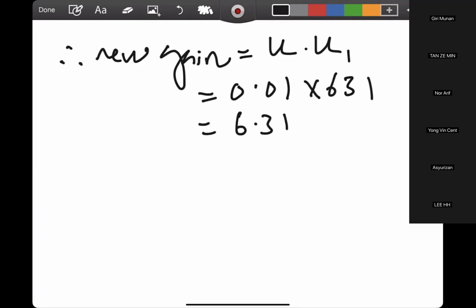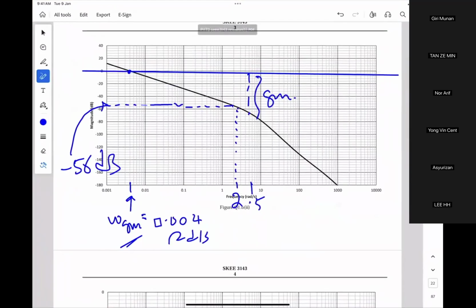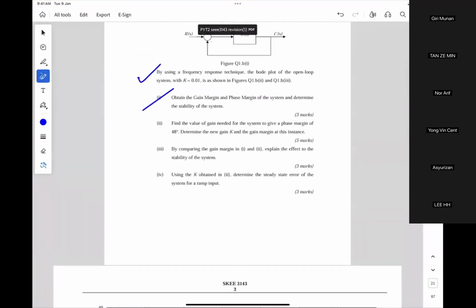Okay, new gain. Determine the gain margin at this instant.